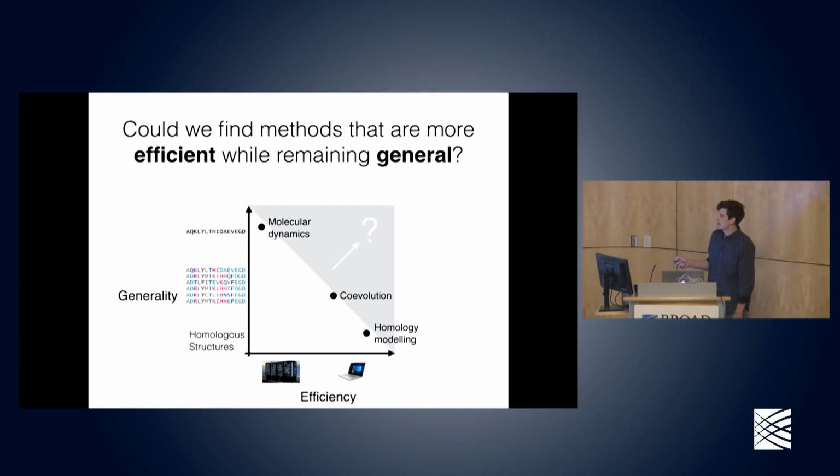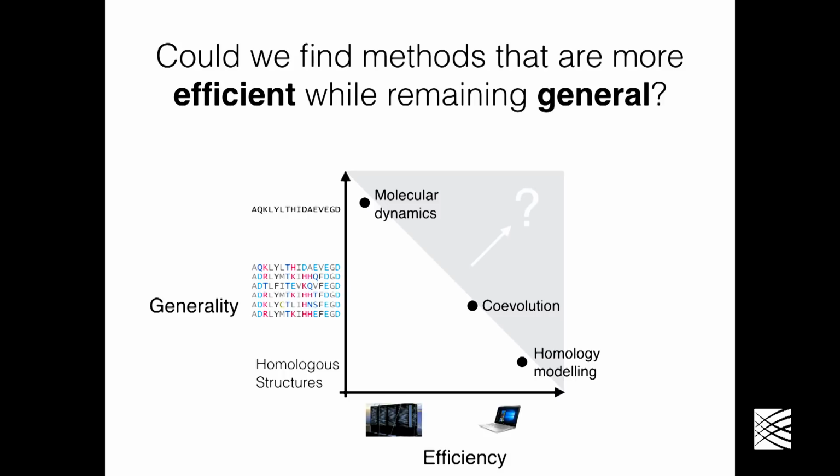If you plot essentially how much external data do I need, or you might also think of it as how many families will this be applicable to, molecular dynamics needs little sequence. Homology modeling needs homologous structures, perhaps the most expensive requirement. And essentially, this is a generality efficiency trade-off, and we want to get out here.